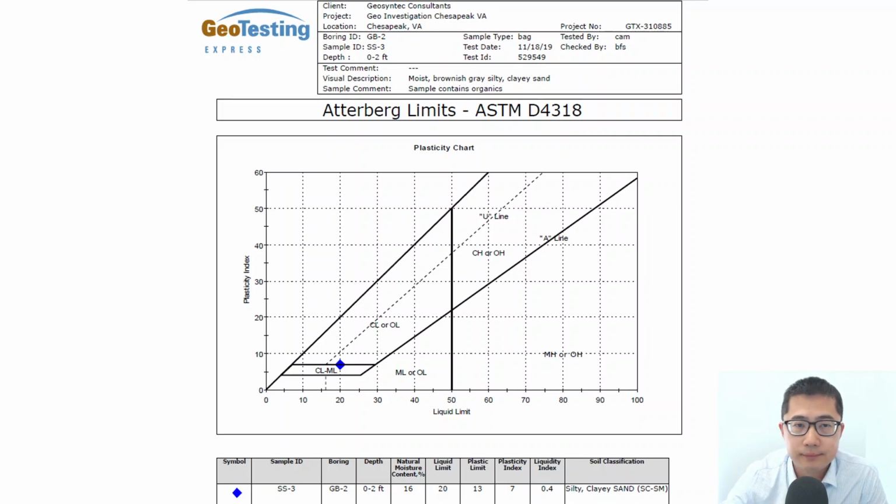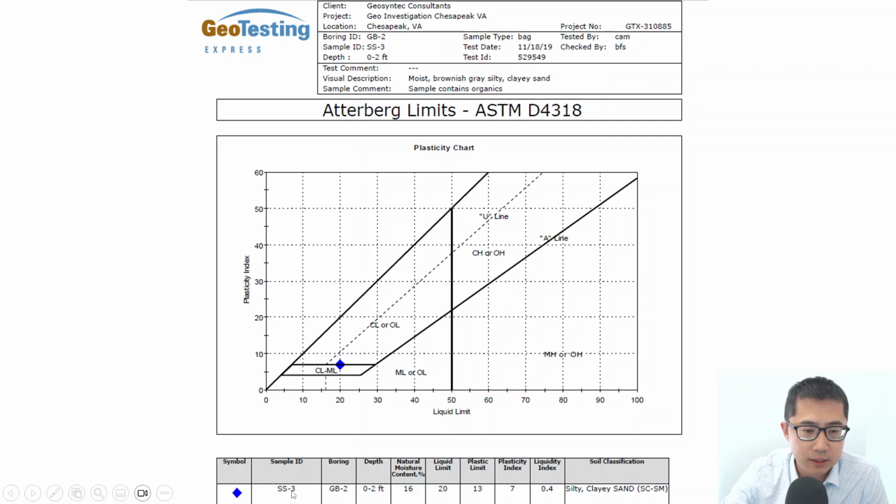And I sent this to the lab and requested an Atterberg limit test, just to give you an idea of what it looks like. So yeah, basically this is what it looks like.